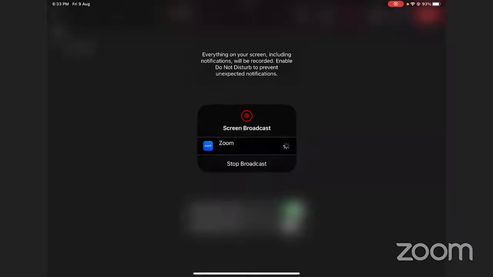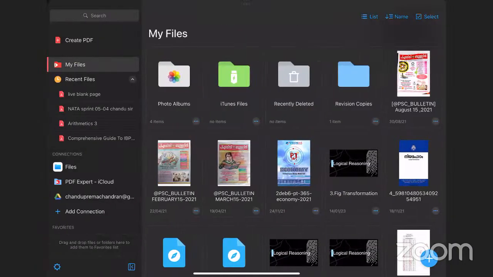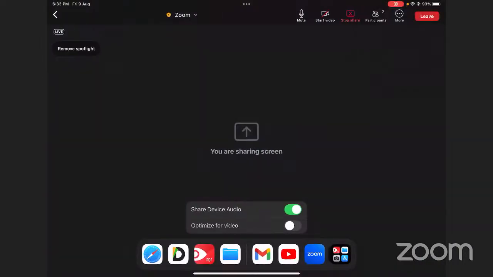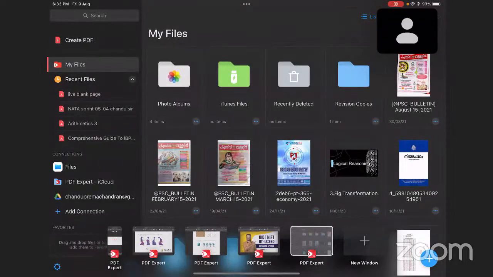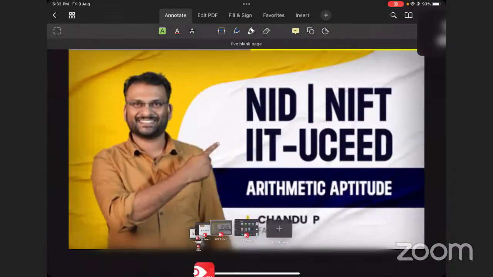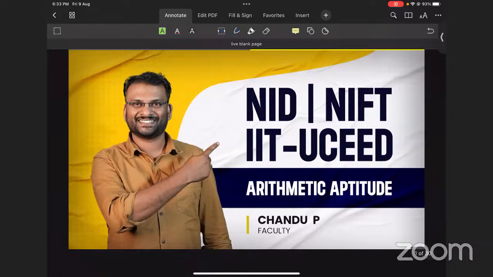Today we will be discussing some basic questions from the chapter of percentage. For NID, NIFT, and UCEED, mainly NIFT and UCEED, you can expect percentage.